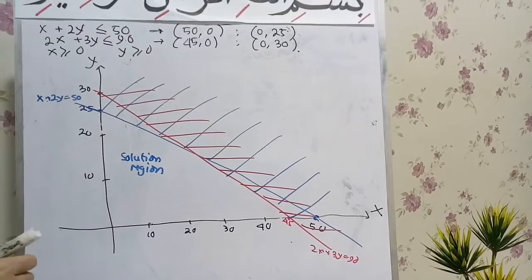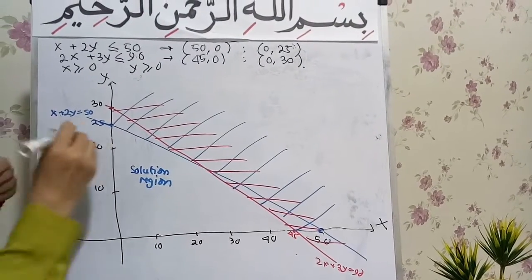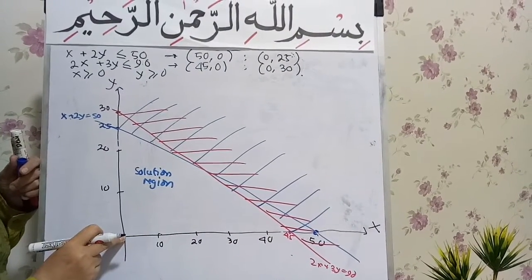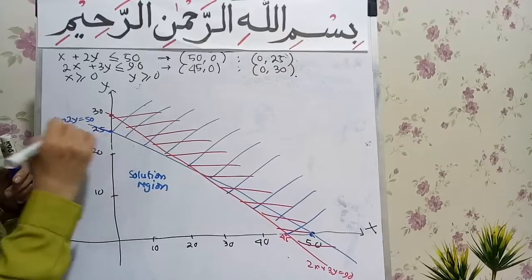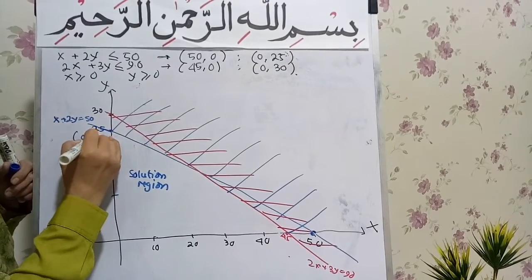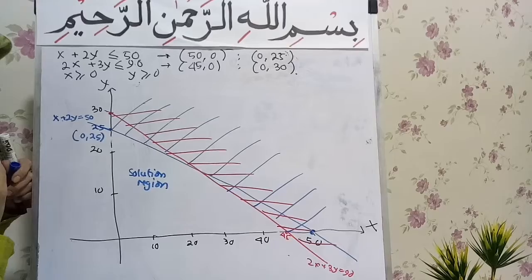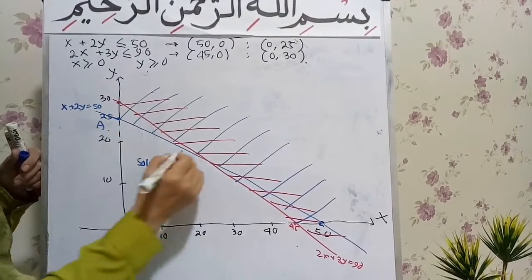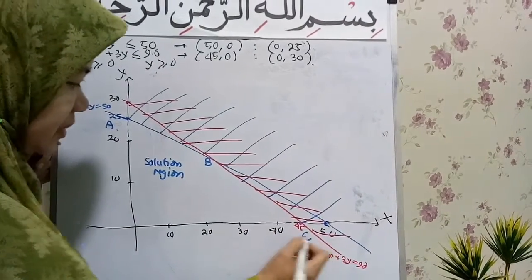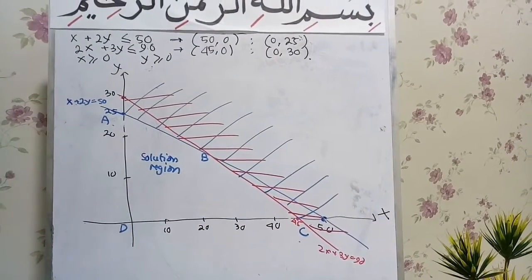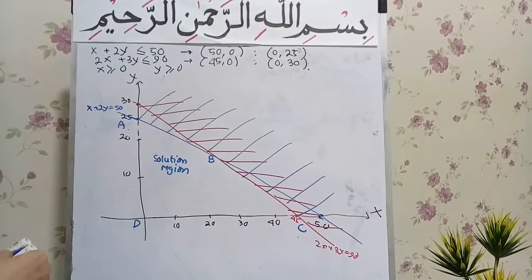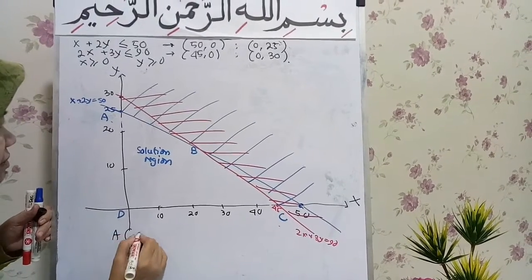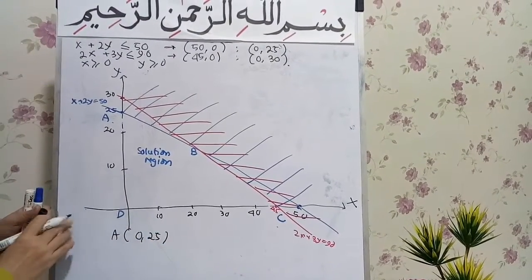And we find 1, 2, 3, 4 points. This one is (0, 25). I just want to label it as A, this is point B, this is point C, and this is point D. Now, A is (0, 25).